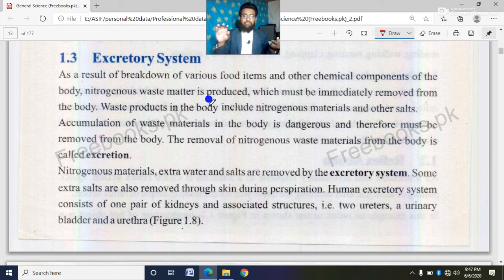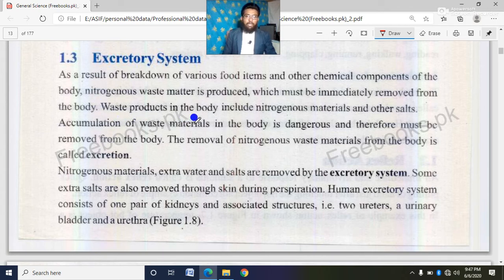So the end result is unwanted material which is present in our body, which is produced after the breakdown of the chemical components or food items. This unwanted material is known as nitrogenous waste matter, which must be immediately removed from the body.